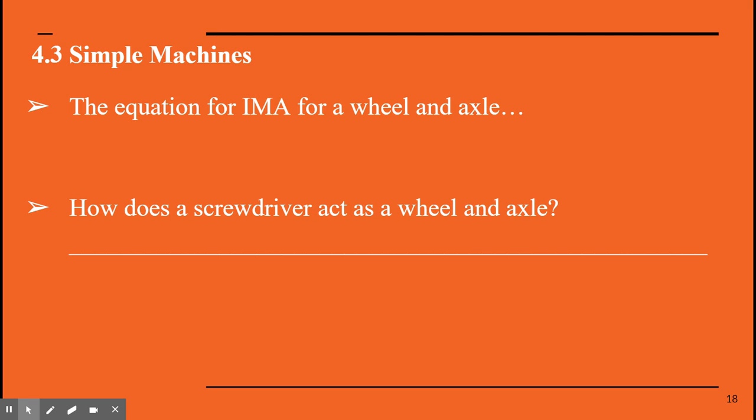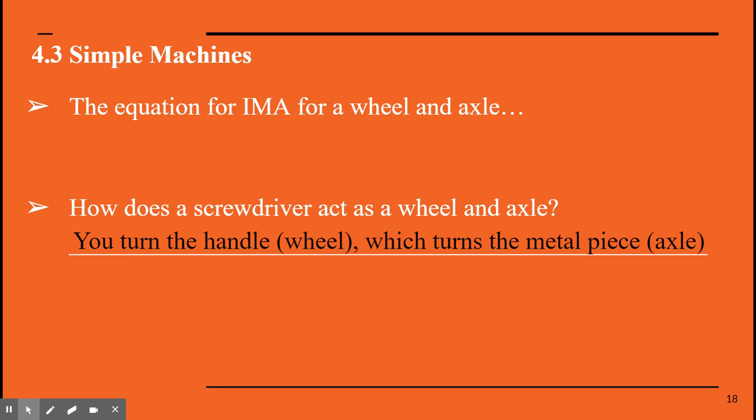So you spin this outside part, which is the wheel, which then spins the axle on the inside part. Same thing happens in your car. The wheel spins, and that is what turns the axle. The wheel moves first. You turn the handle, and the metal piece that's on the inside, aka the axle, rotates as well.